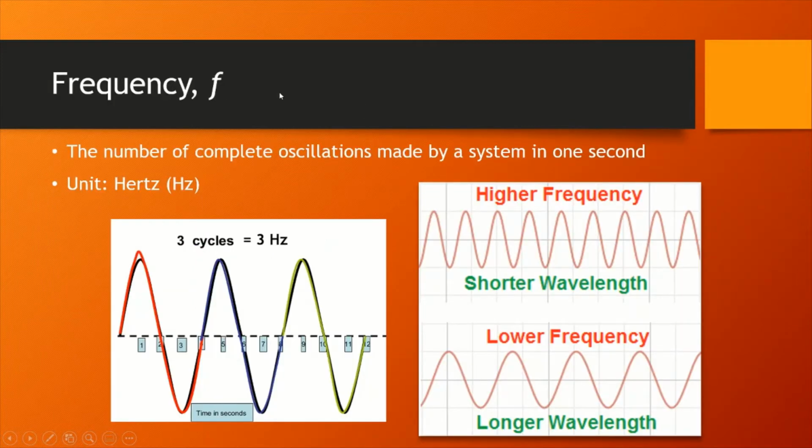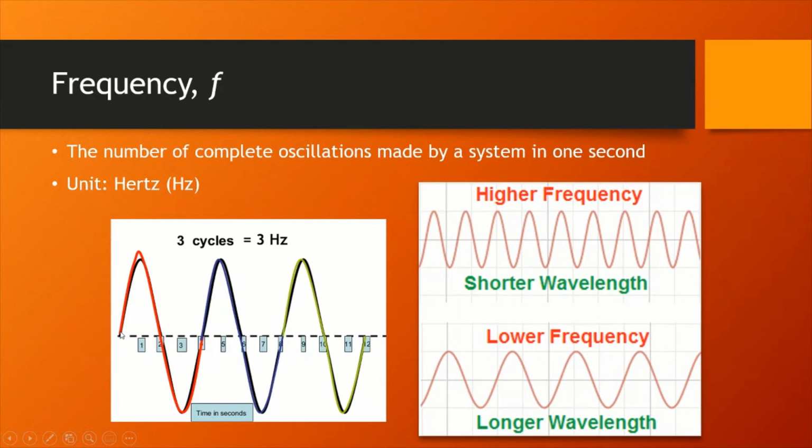Okay, the next term is frequency. Frequency is the number of complete oscillations made by a system in 1 second. In 1 second, how many complete oscillations are made is called frequency. The unit of frequency is hertz, symbol Hz. For example, here, I start from this equilibrium position, this point that is in phase.